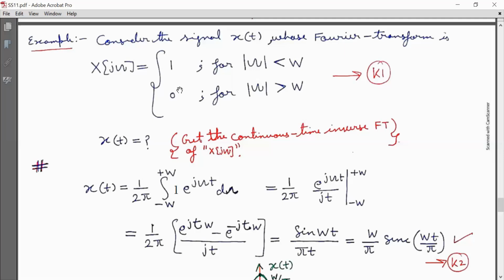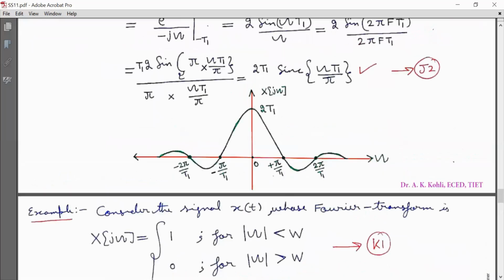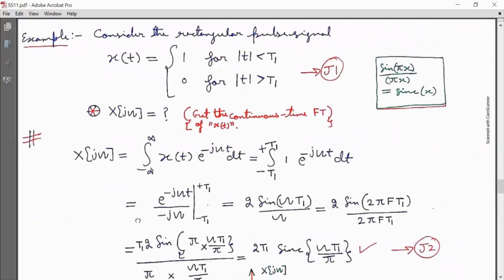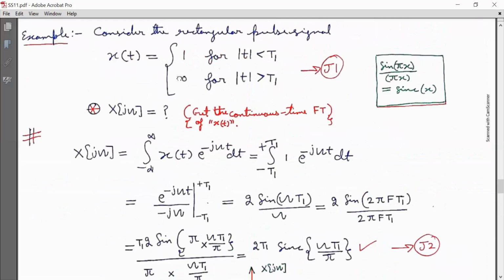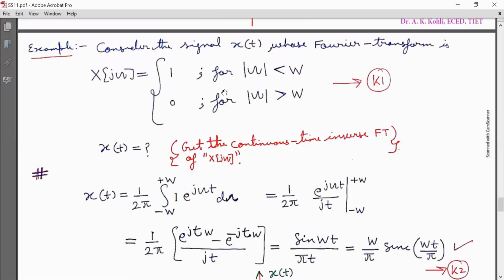Now we have been given that, like in the previous example, there is a rectangular pulse in the frequency domain.